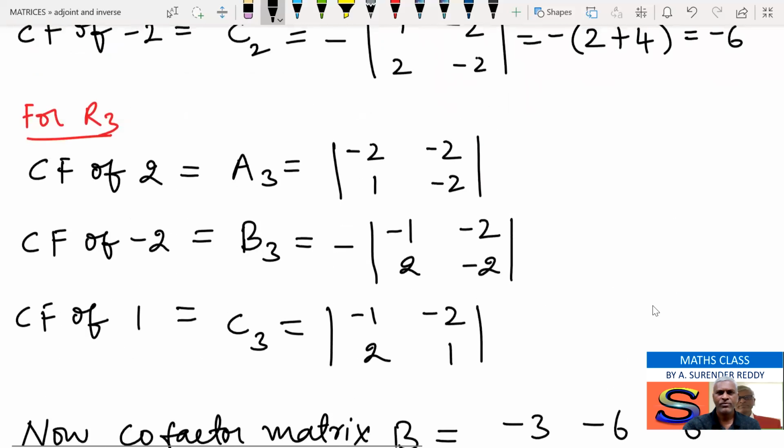Now let us find third row cofactors. -2 into 1 is -2, minus into minus, plus 2... that is 6.